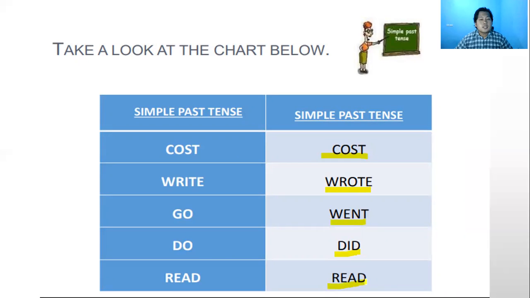It is just read, not readed, but read. So let us be careful in making the past tense of a word, because some words did not change the spelling. We have just remained it the same, and some words are made completely different from the original word, right? So again, we have here cost, from write to wrote, from go to went, from do to did, and read to read.